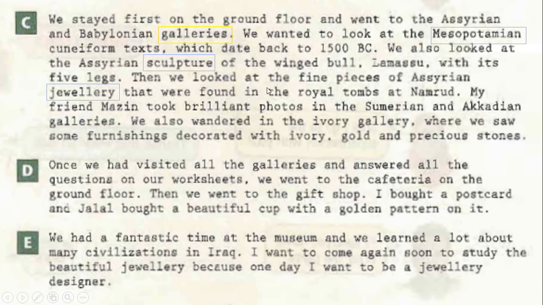Then we looked at the fine pieces of Assyrian jewelry that were found in the royal tombs at Namrud. My friend Mazen took brilliant photos in the Sumerian and Akkadian galleries. We also wandered in the Ivory Gallery, where we saw some furnishings decorated with ivory, gold and precious stones.